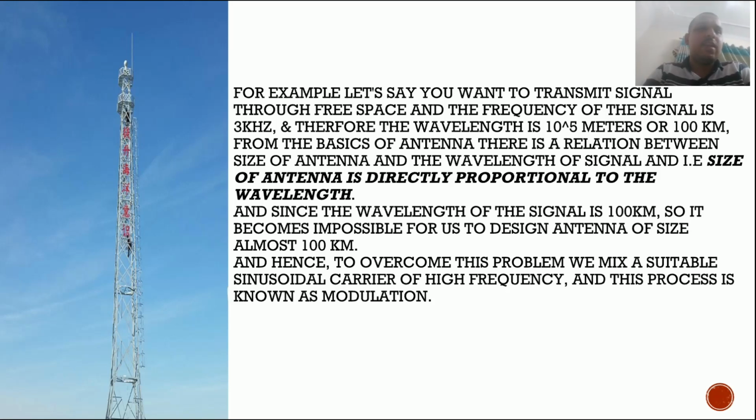From the basics of antennas, the size of the antenna is directly proportional to the wavelength of the signal. Since the wavelength of the signal is 100 km, it becomes impossible for us to design an antenna of that size. Hence, to overcome this problem, we came with a solution called modulation.